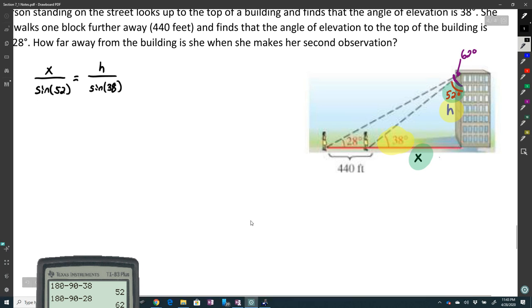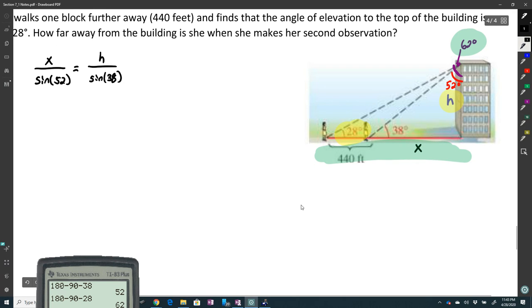Let me try to erase the highlighting that I did. Okay. So now I have an angle, oops, wrong color. The angle and its opposite side, and I have my new angle and its opposite side, which is all of this.